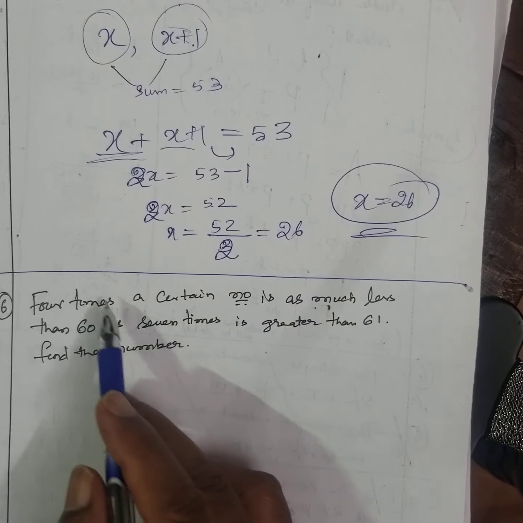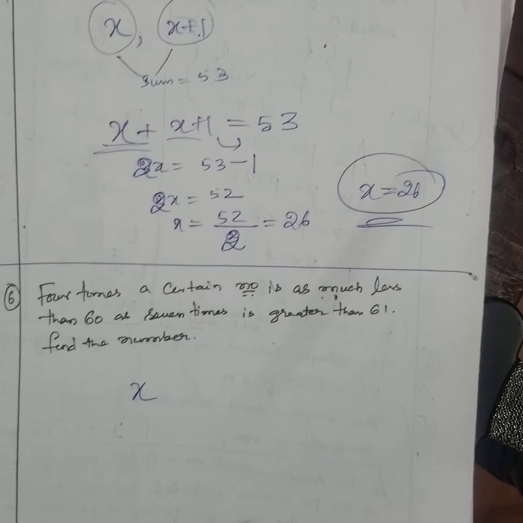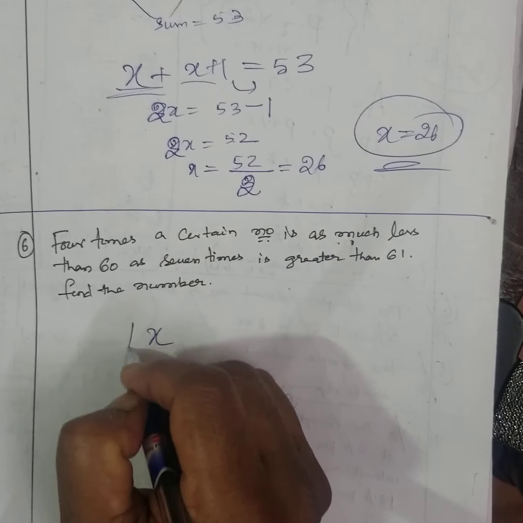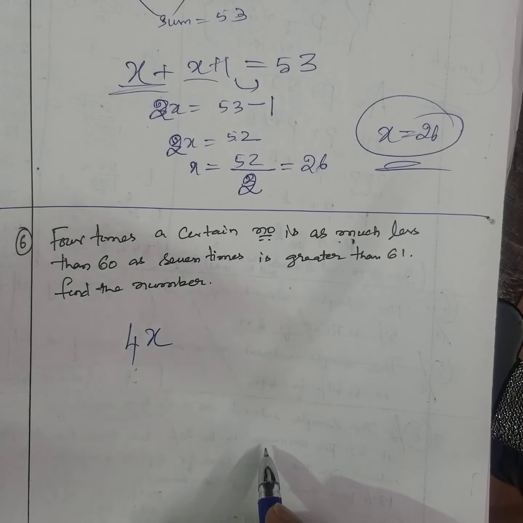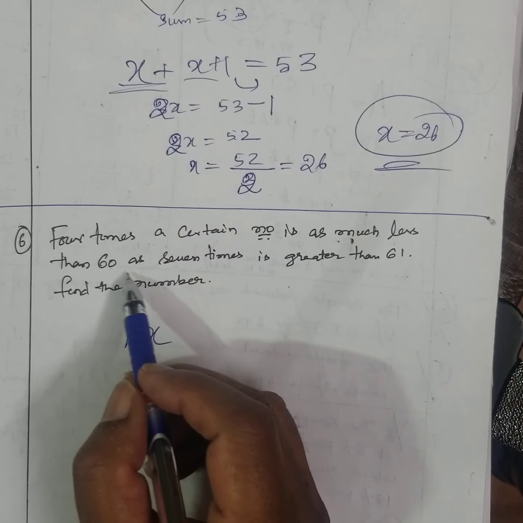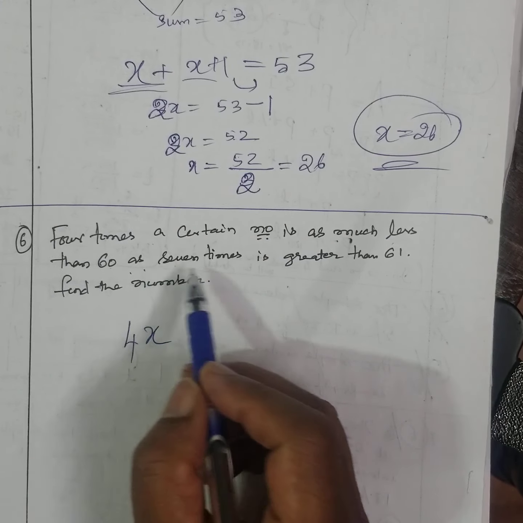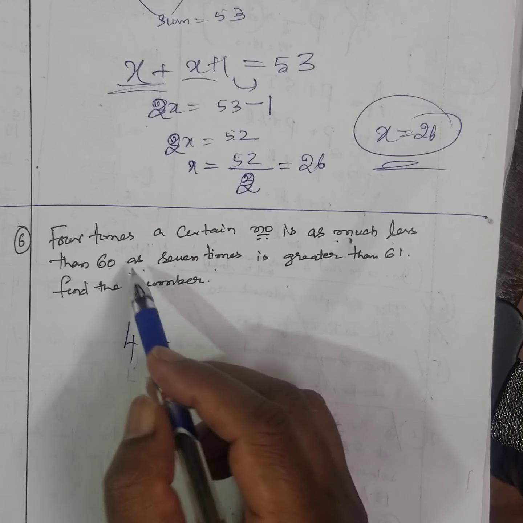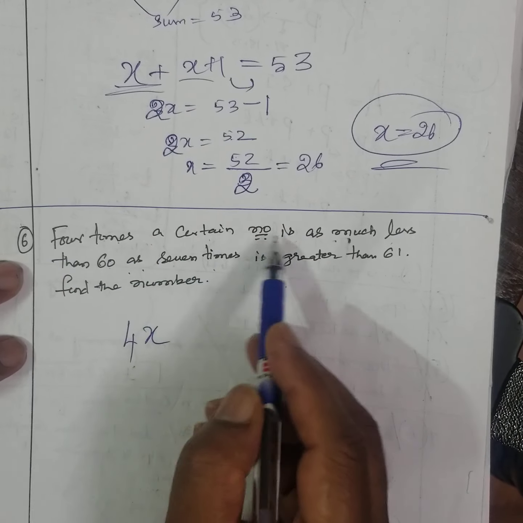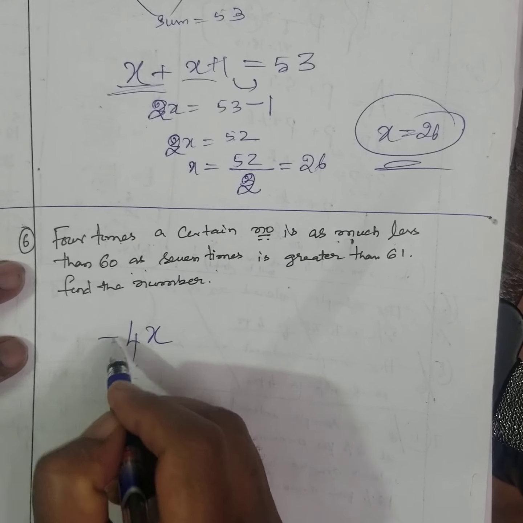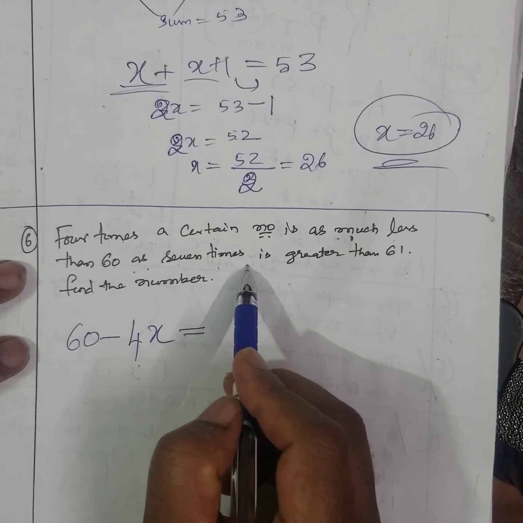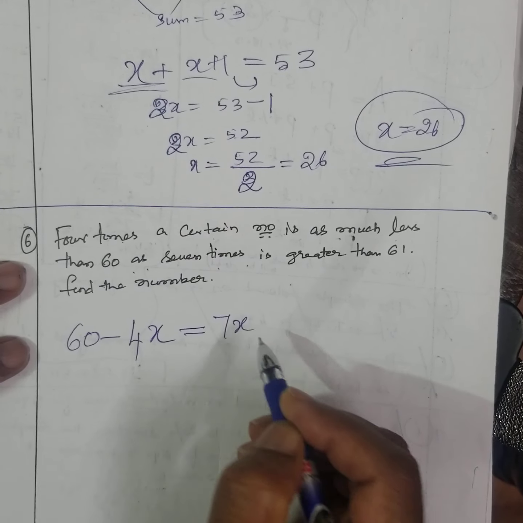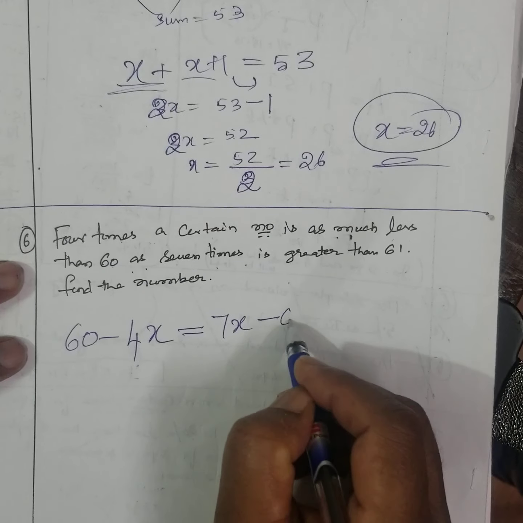4 times a certain number. Suppose the certain number is x. 4 times a certain number is as much less than 60 as 7 times that number is greater than 61. Less than 60 is equal to 7 times greater by 61.